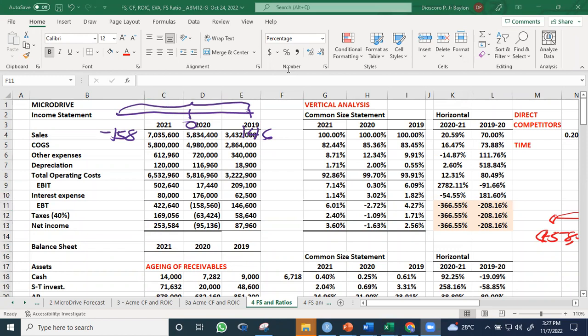Okay. How did you get 305, Shikaina? Thank you for that answer. Shikaina, you may unmute yourself. Okay, absolute value. All right. Tama yun, ano?